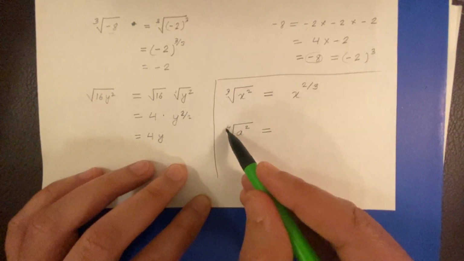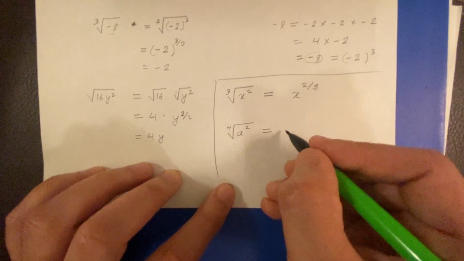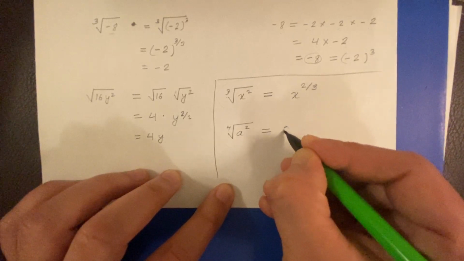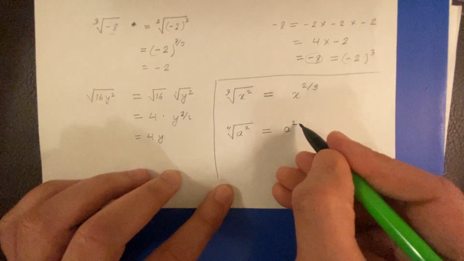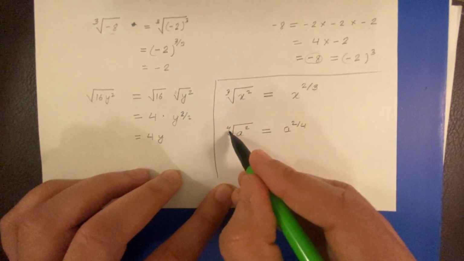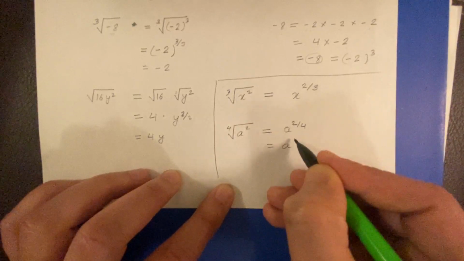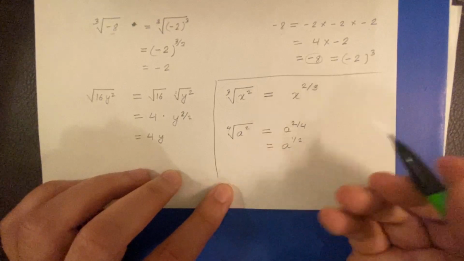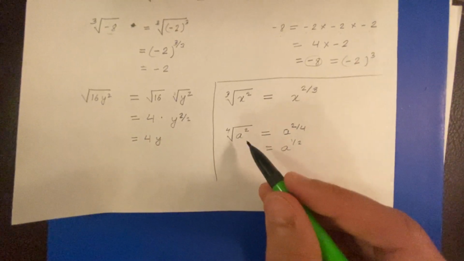Now we have the index 4, so the fourth root of a squared. You can say a squared is inside the root, and divide this 2 on the top by the index number 4. So a to the power 2 over 4 is also 1 over 2. This way we get rid of the root.